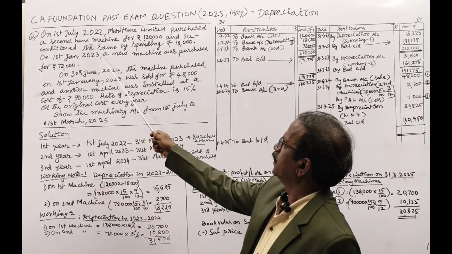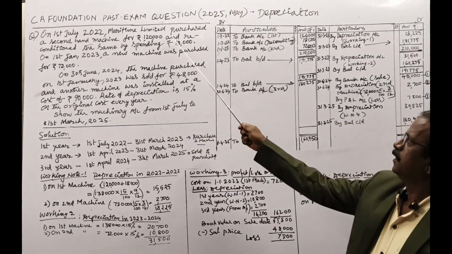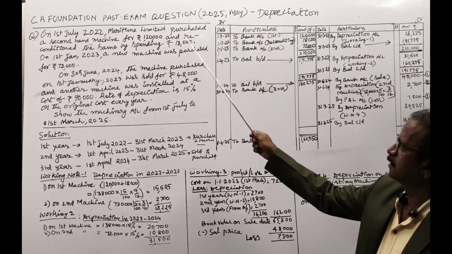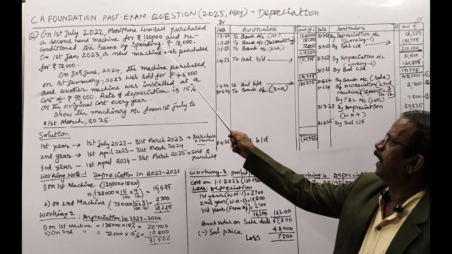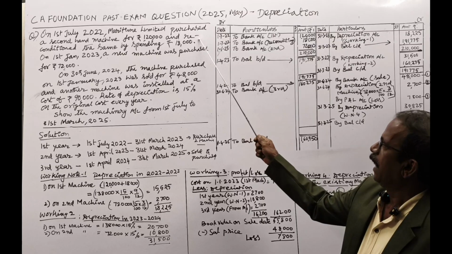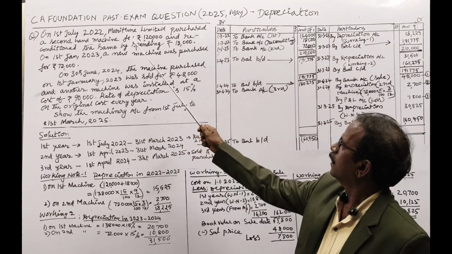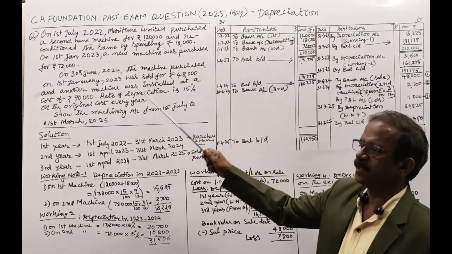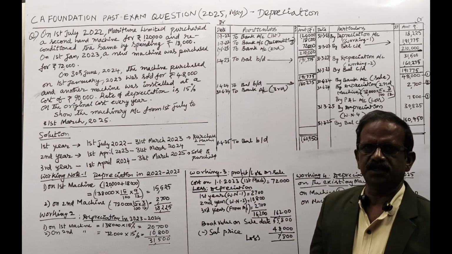On 1st July 2022, Maritime Limited purchased a second-hand machine for 1,20,000 and reconditioned the same. See, second-hand machine means which is already used. Now it is not in a working condition.